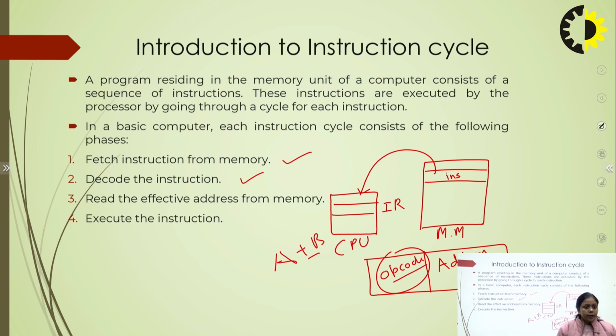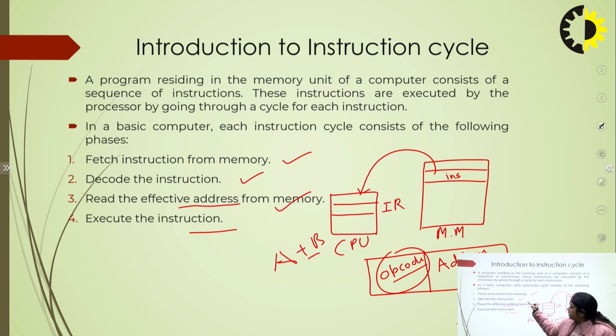So we have to find out the address of A and B, which is known as the effective address. The meaning of effective address is the address of the operand. So in the third step, we find out the address of the operand, and the last one is to execute the instruction.